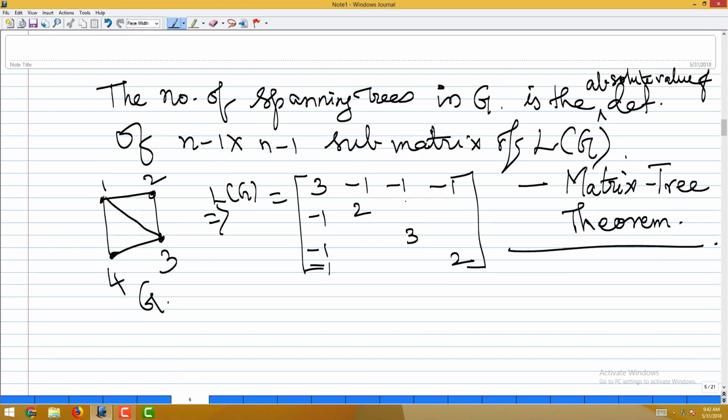I always write it in the reverse order, so it is easy for me to write. So, since I said any n minus 1 by n minus 1 submatrix, let us just look at the entry, the submatrix of 1 3, determinant of the submatrix of G by deleting the row 1 and column 3.